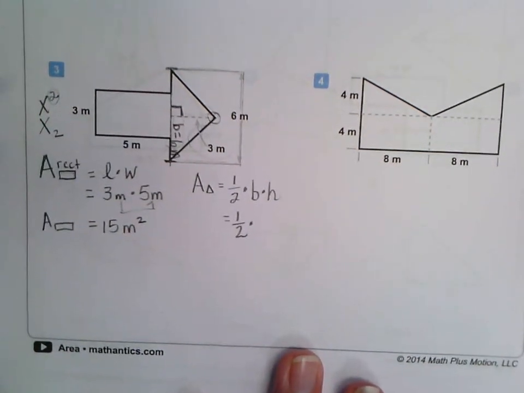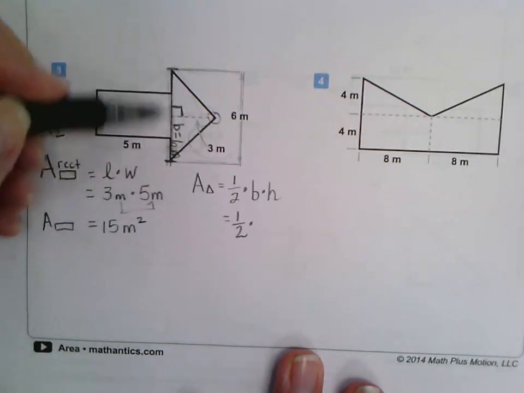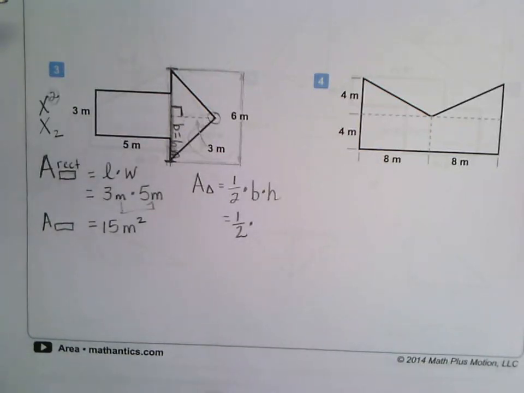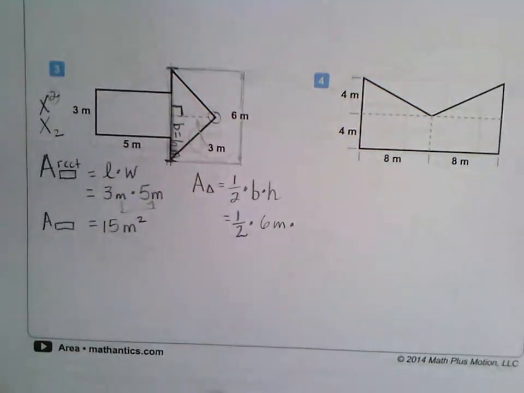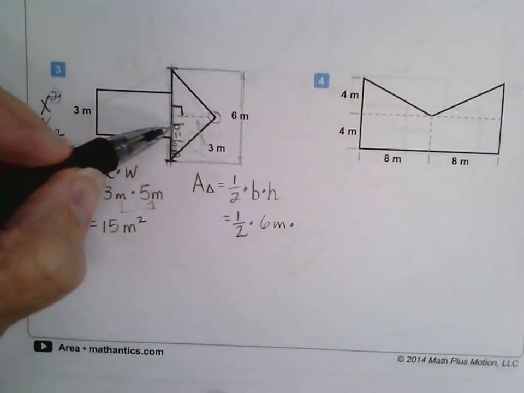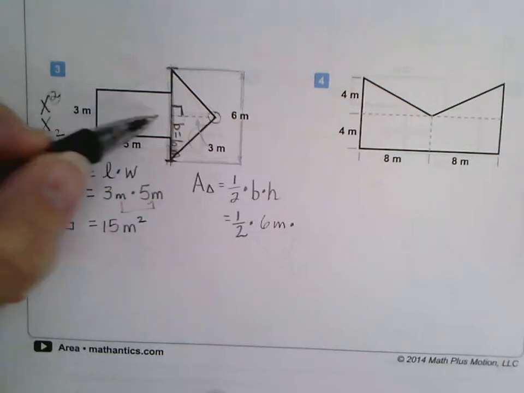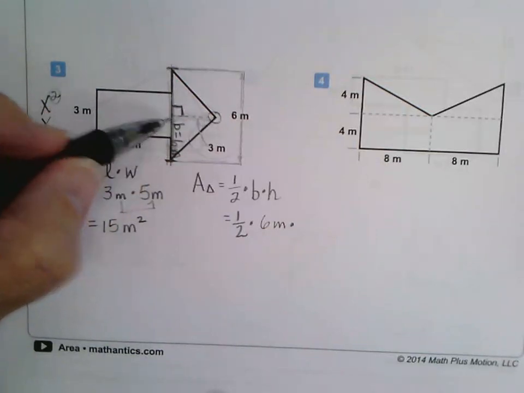The base of my triangle, what is the dimension for that? 6 meters. Excellent. I like the way you included the meters. And what was the height here? Wait, can I just write this down really quick? That's fine. The height was 3 meters. Yep.